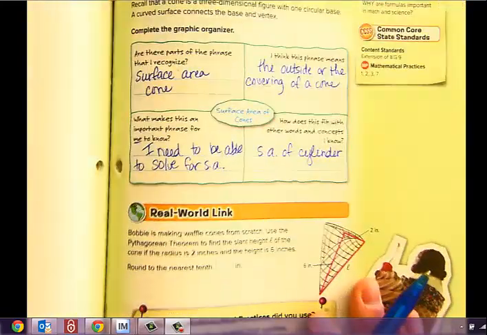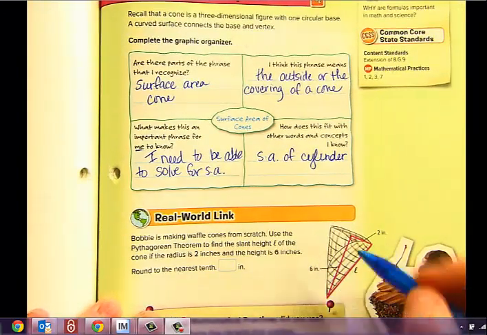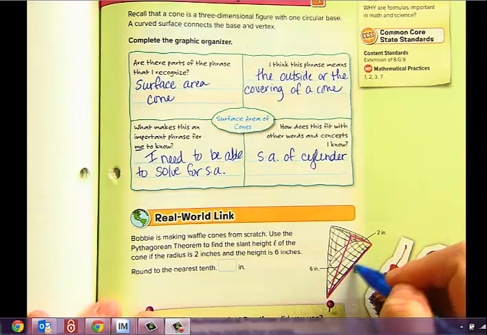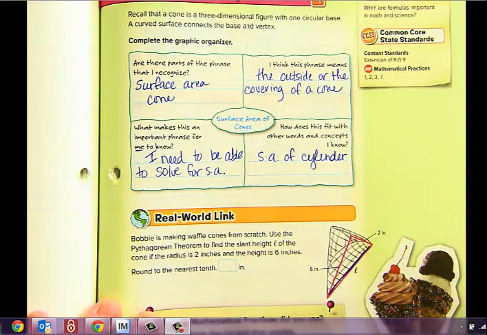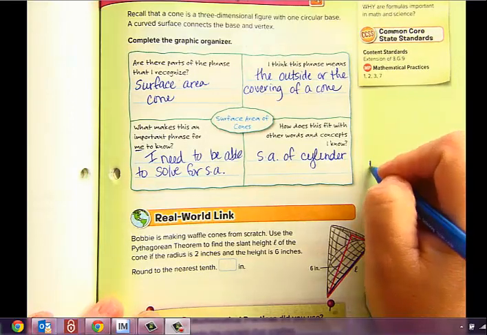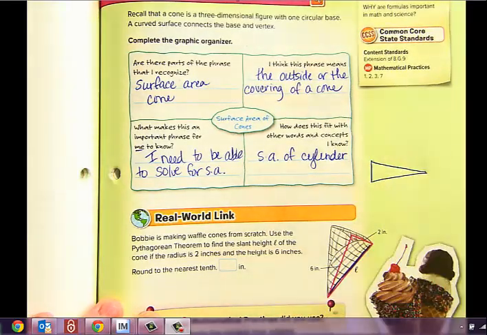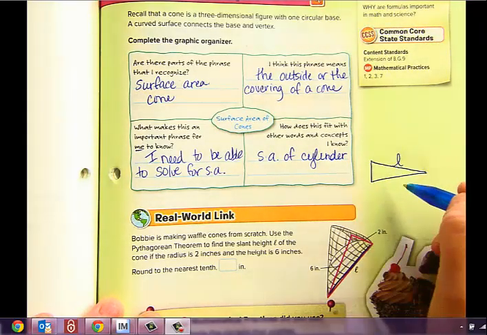Bobby's making waffle cones. And it says, use the Pythagorean theorem to find this height right here. So if I were to draw this triangle over to the side here, it would look something like this, and we are trying to solve for that height right there, this C, the hypotenuse.